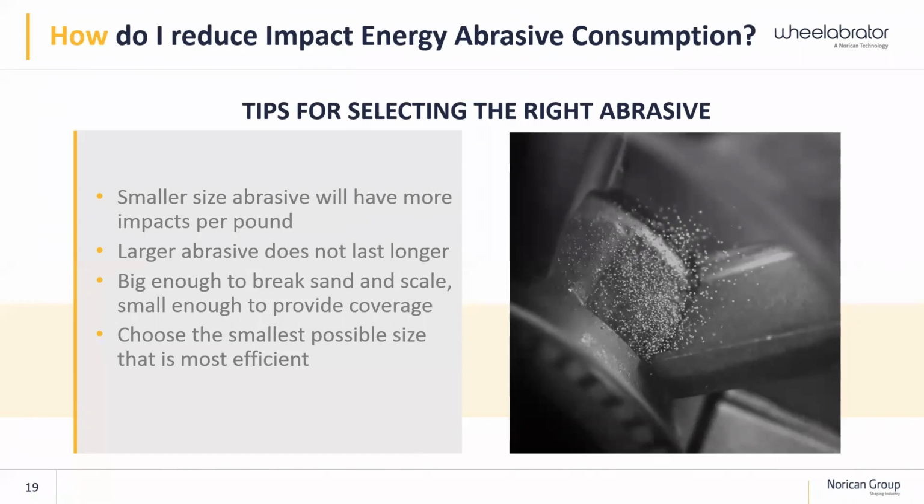But if you increase your velocity and can drop down to a 330 shot, instead of 90,000 impacts per pound, you could gain 150,000 impacts per pound. Those impacts are what's doing the gross cleaning, so it's going to clean faster. Again, the larger abrasive doesn't last longer. You have to have it big enough to break the sand and scale, so you always want to choose the smallest possible size that does the job.